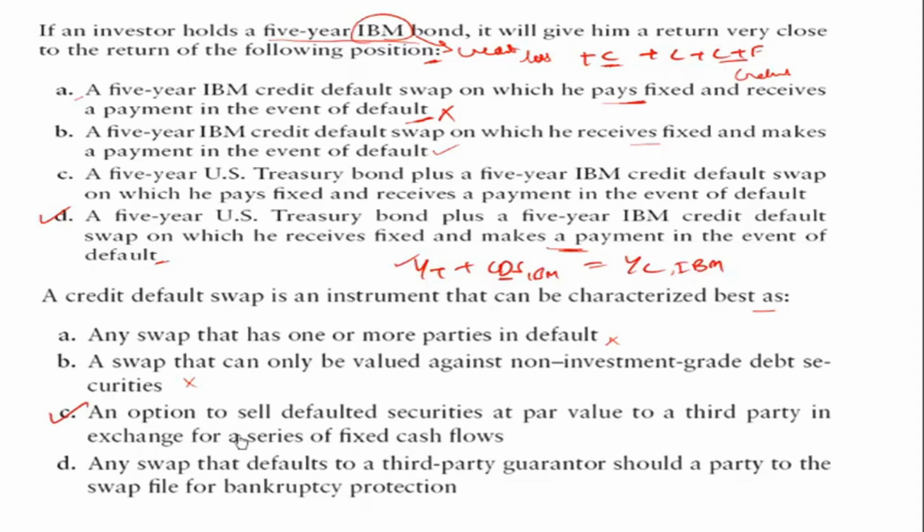That is what a credit default swap is, that you can sell it to a third party in case of a default for a series of fixed cash flows. Any swap that defaults to third-party guarantors should be a party to the swap file for bankruptcy protection. There's no limitation like this.